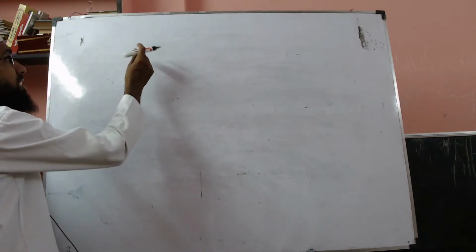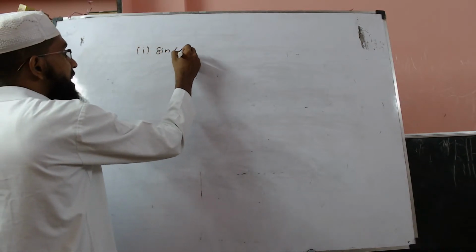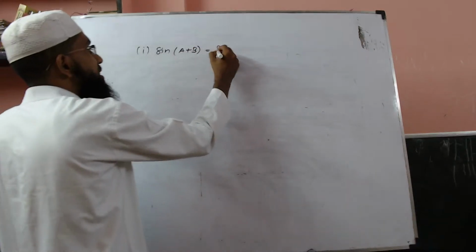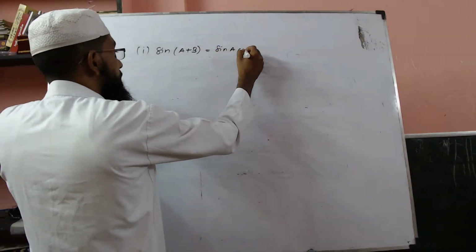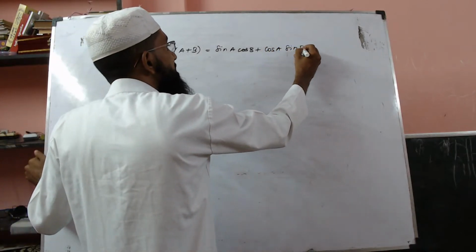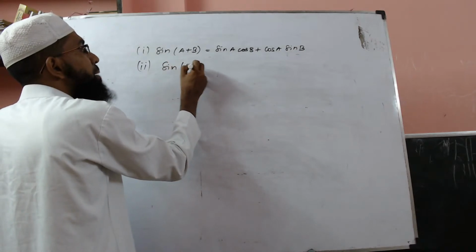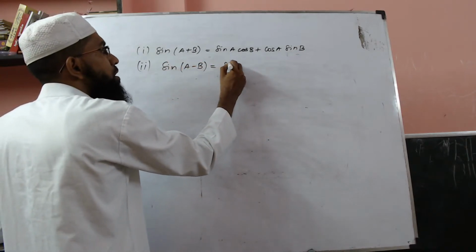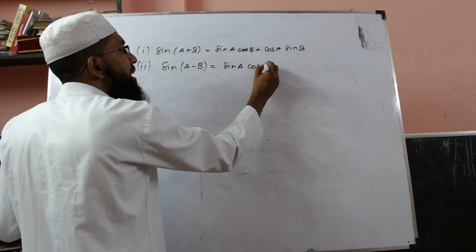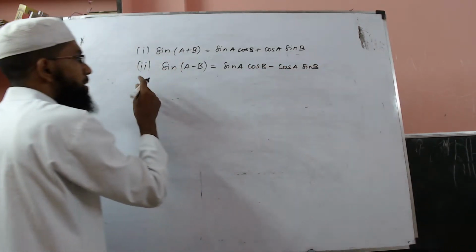The 4 formulas which are basic for everything are, let me write it. Sin of a plus b equal to sin a cos b plus cos a sin b. Sin of a minus b equal to sin a cos b minus cos a sin b.